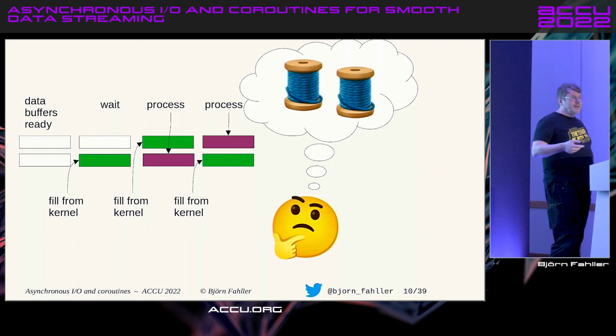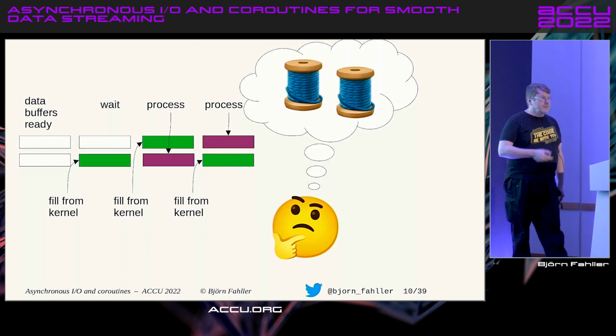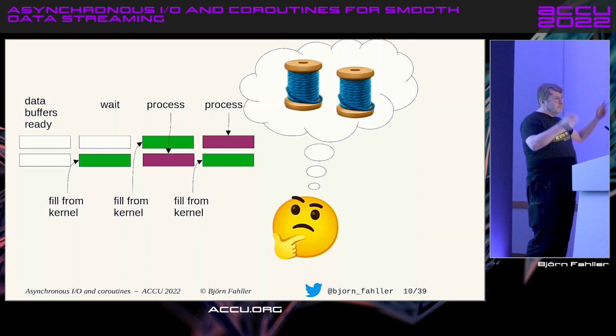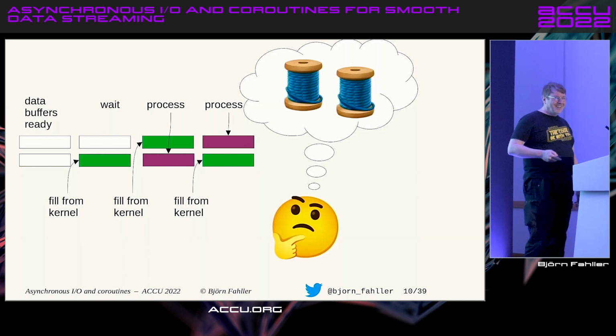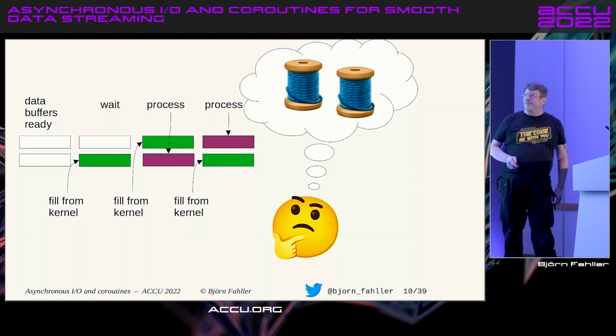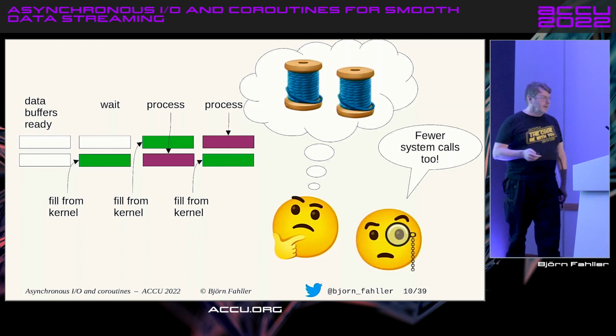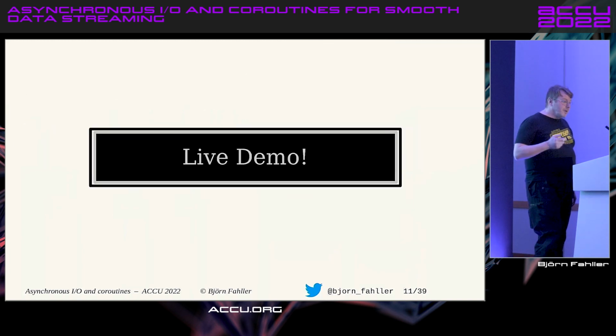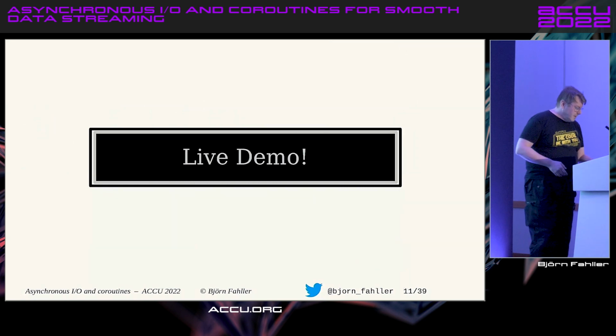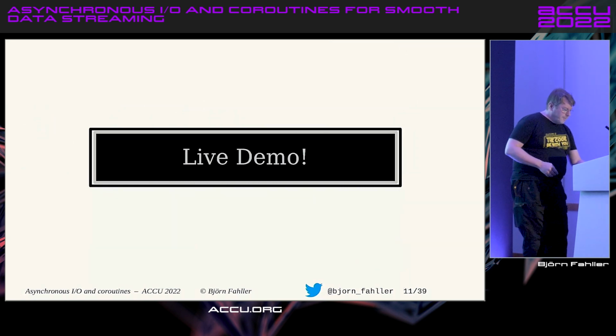And when each video stream is maybe 10 megabytes per second, and you have 50, 60 of these at the same time, saving a copy for each does lower the pressure on the caches quite substantially. So this is a big thing. And there are fewer system calls too, which I'm going to show you. So let's have a look.